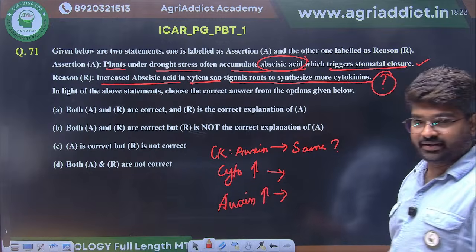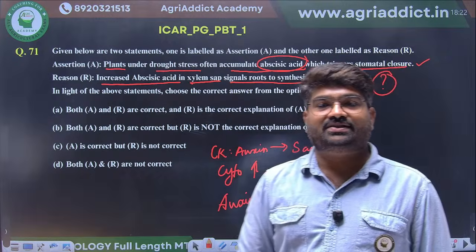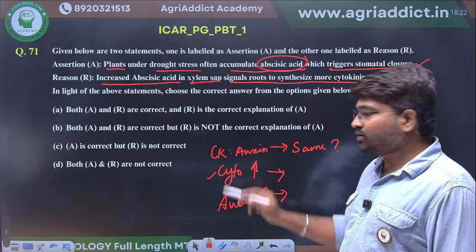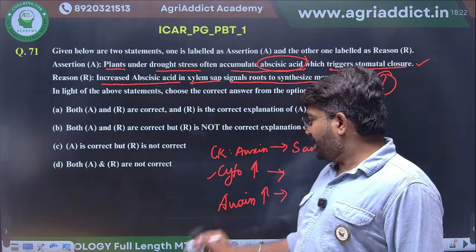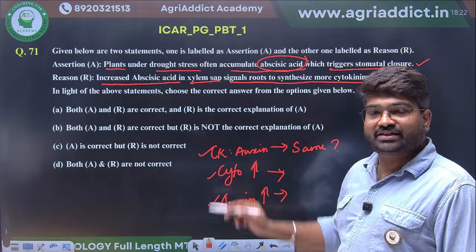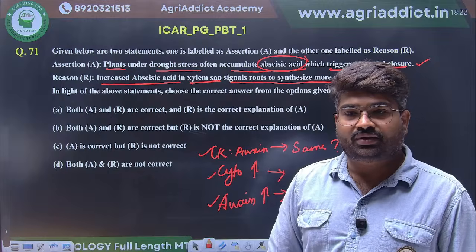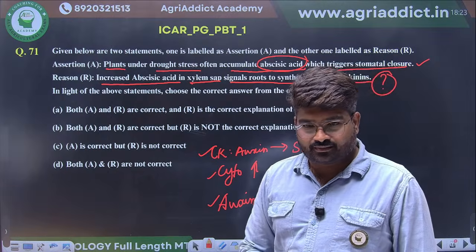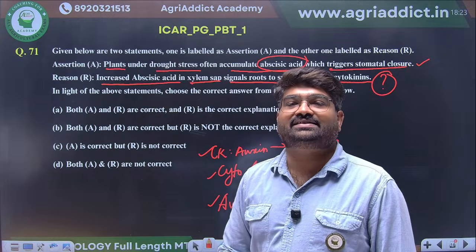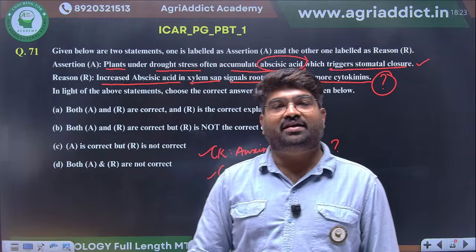Just type in the comment box what a high concentration of cytokinin will do, what a high concentration of auxin will do. Students, explain this. We have seen this in our lecture class, the important role of the auxin to cytokinin ratio.